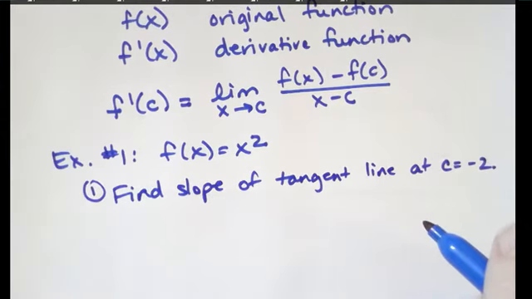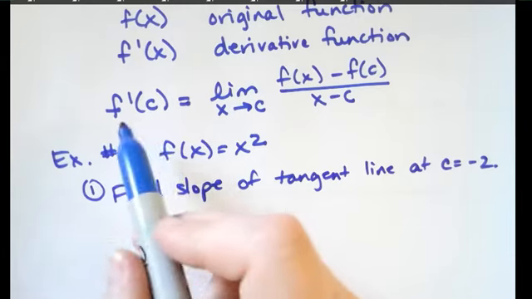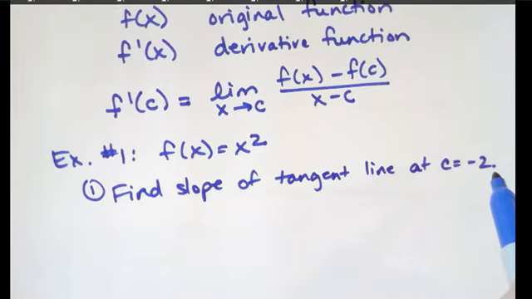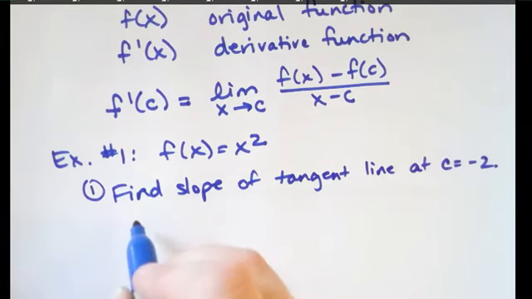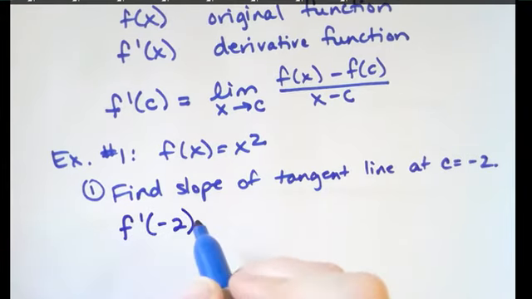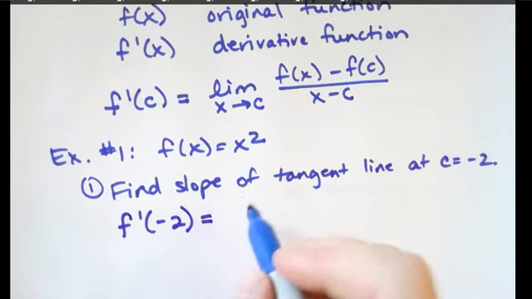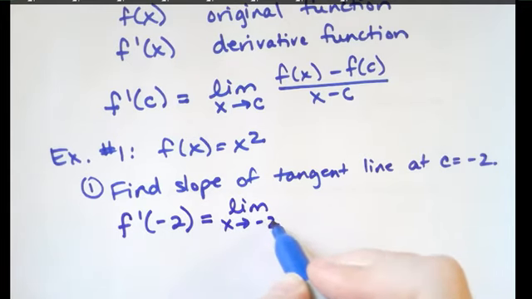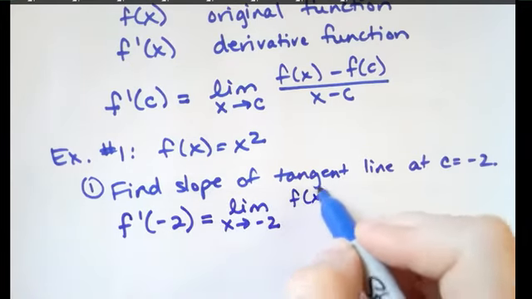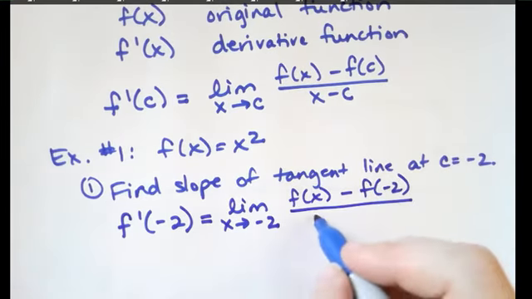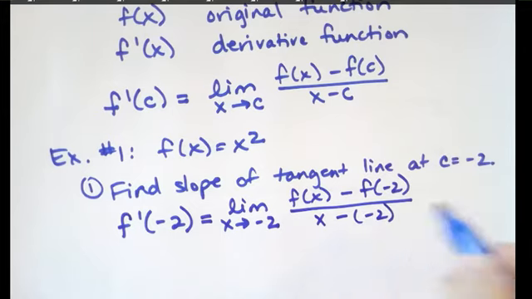So we can take our derivative function, our slope of a tangent line, and evaluate it at c equals negative 2. I want to find the derivative f prime of negative 2, which will equal the limit as x approaches negative 2, that's our c value, of f of x minus f of negative 2 over x minus negative 2.